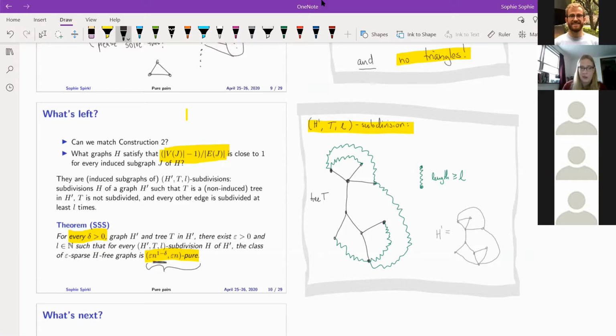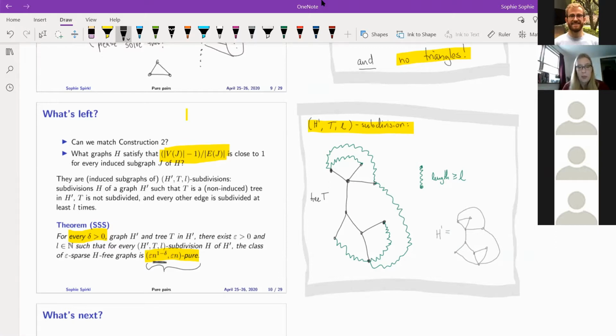It has to work a lot to get rid of those really long cycles, so it does admit big, if not linear, pure pairs of size n to the something that's close to 1. So can we match this?